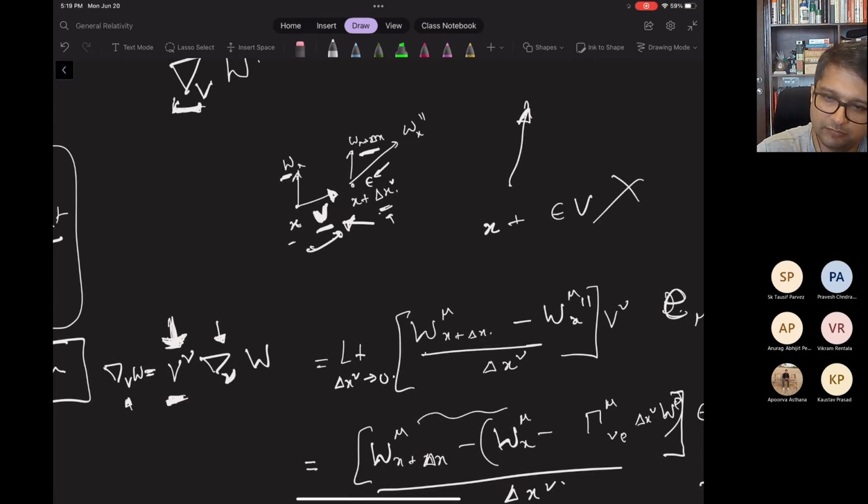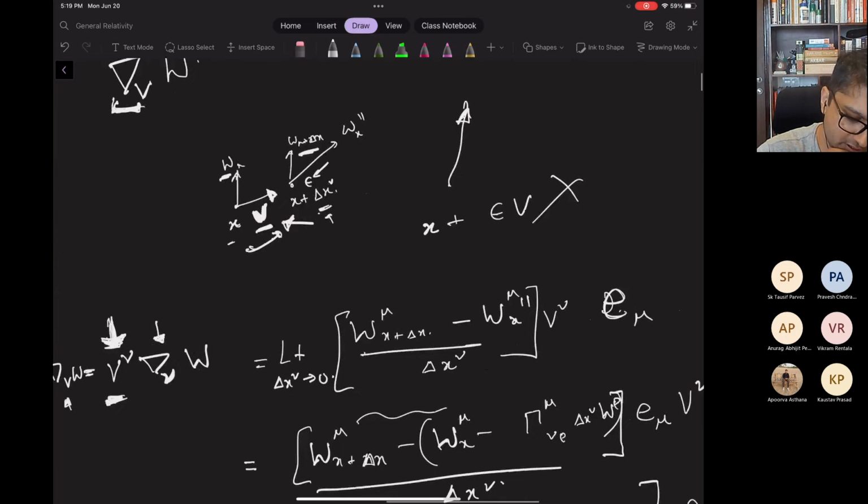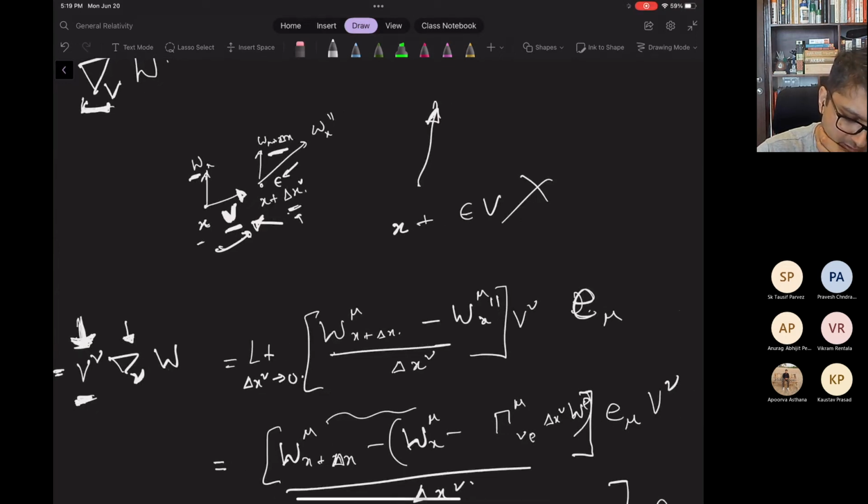This is not a diffeomorphism in that sense. This is a motion along a curve. What is this point that we're going to? This is a point along the curve. So what are the coordinates of this point, which is infinitesimally nearby along this curve?